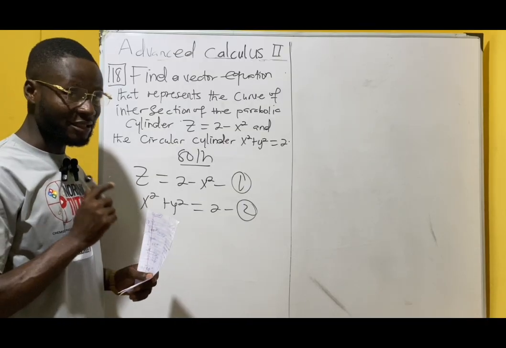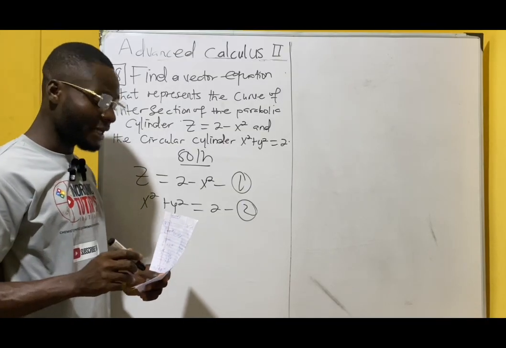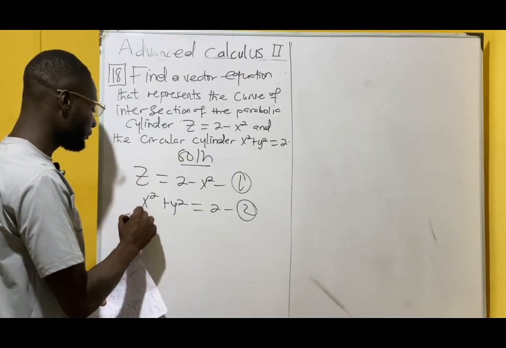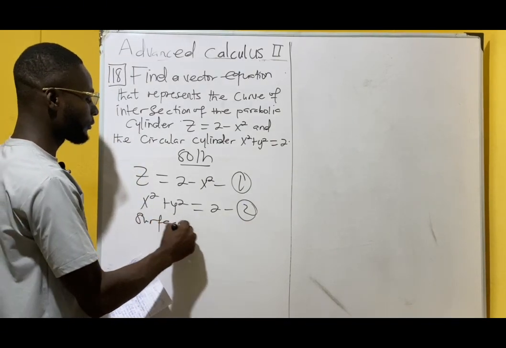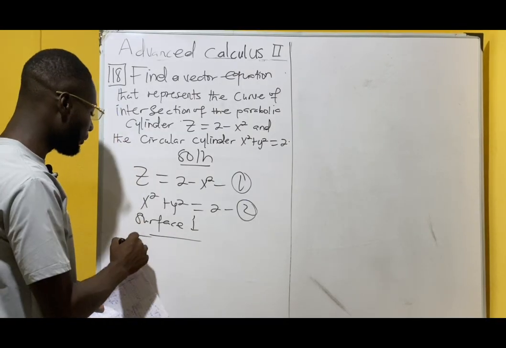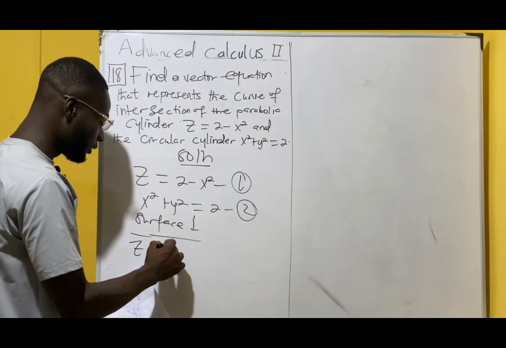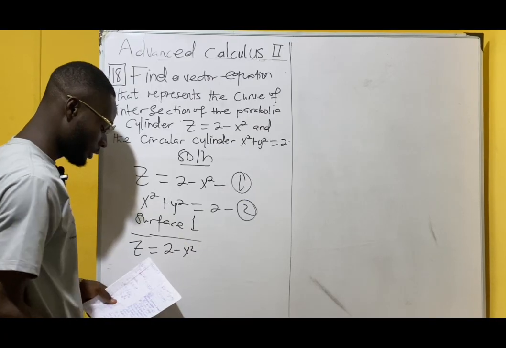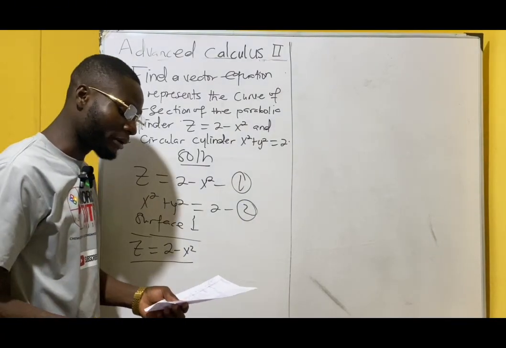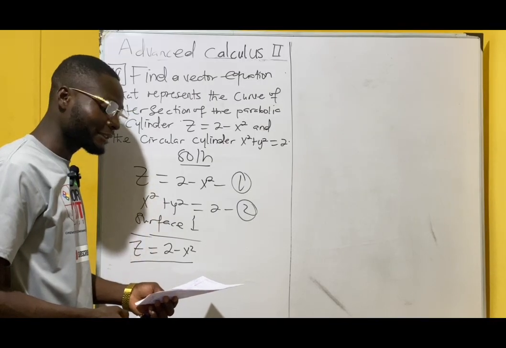We have to understand the surfaces very well before we can do this. And then we know that surface 1, we have z equals 2 minus x squared. So this is basically a parabolic cylinder, right?